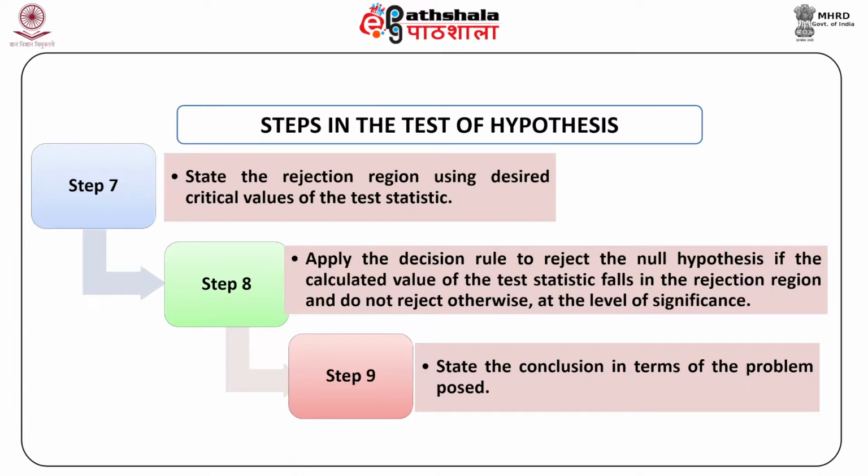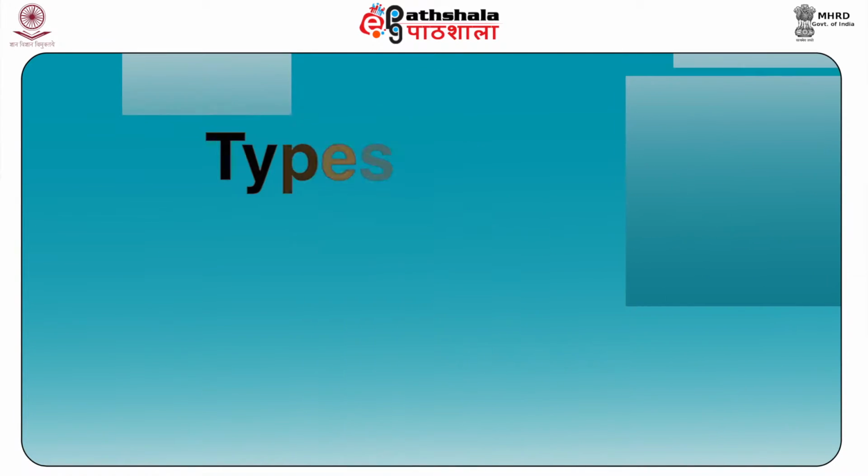The last step, ninth, is to state the conclusion in terms of the problem posed. It is interesting to note that the sample statistics and the corresponding test statistics used in the test of hypothesis are the same as those used in the estimation problems.